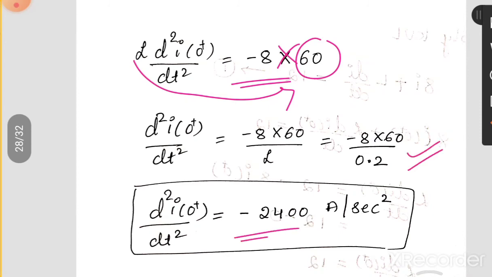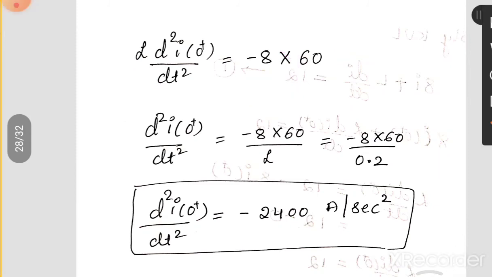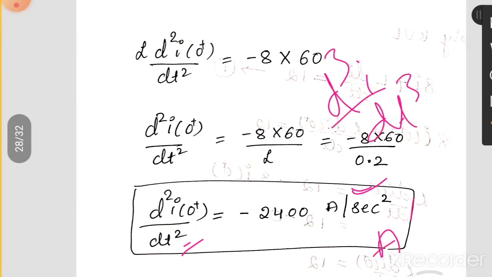So d square I of 0 plus by dt square will be minus 2400 ampere per second square. If it was d cube I by dt cube, its unit would be ampere per second cube.